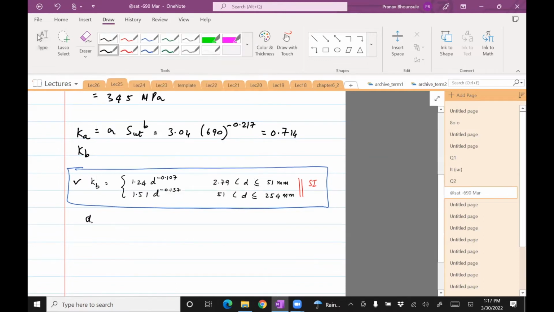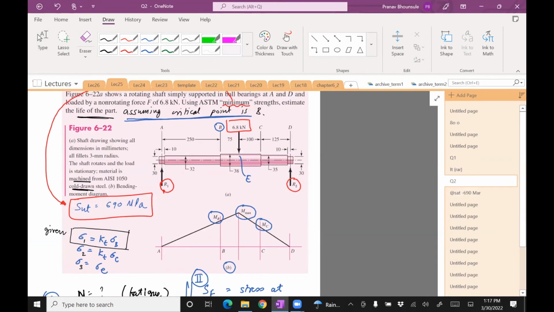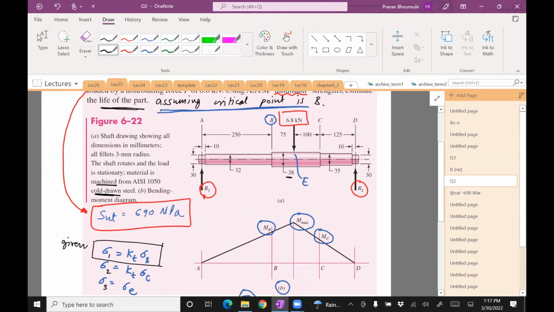Okay, so let's compute d_e. That's 0.370 d. D is the diameter, so let's go back to the figure and see what the diameter is. 32 and 38. The critical one is the smaller one, so let's use 32.